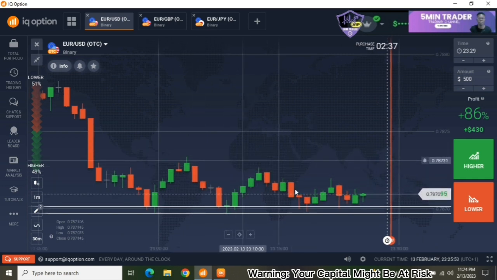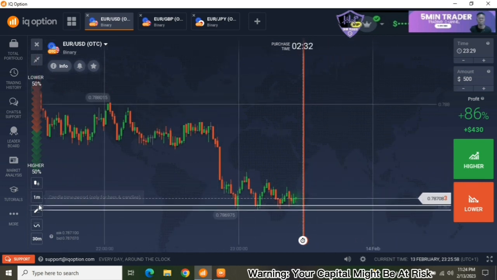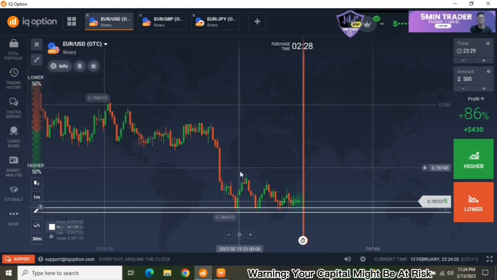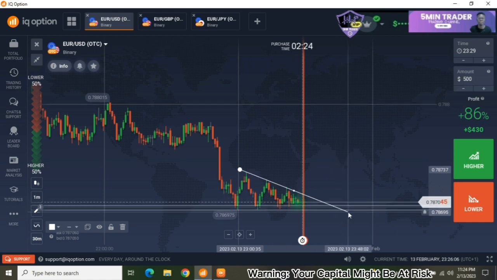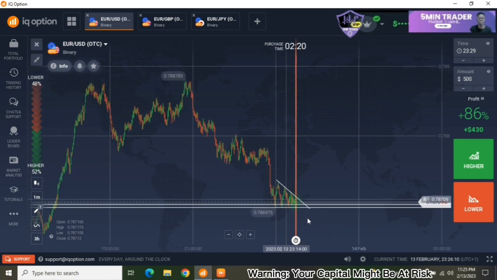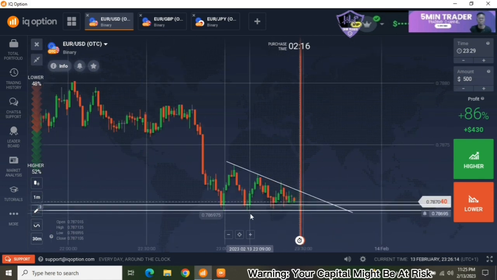This is the higher high, this is the lower high, this is the lower high. So I will also try to get a trend resistance level, and that would be around here.